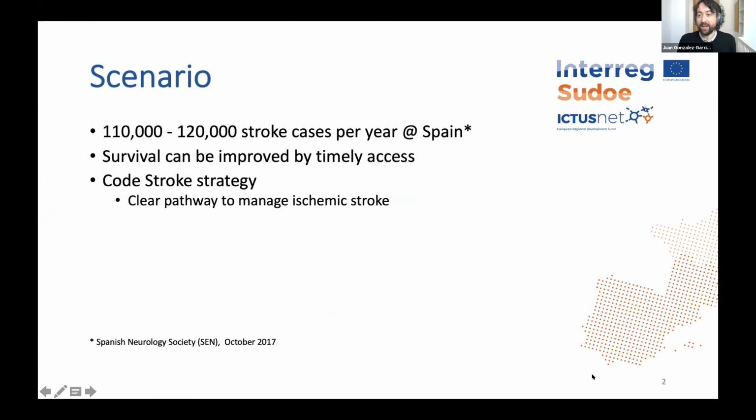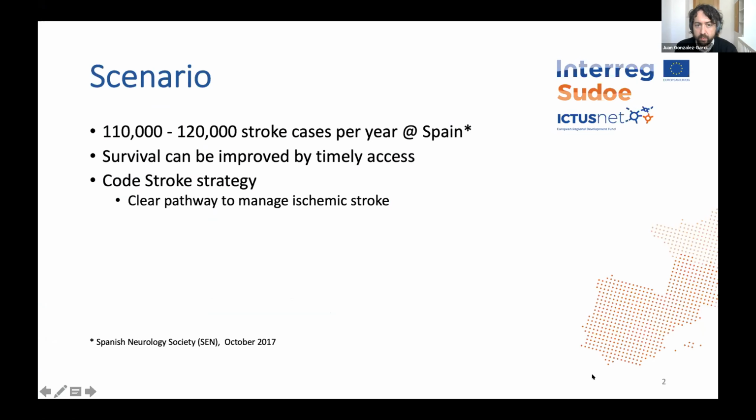Thanks. So I will spend a lot of time saying next slide, next slide. Well, the scenario is that, at least in Spain, we have these incidence figures from members of the Spanish Neurology Society, and we know that the survival of stroke will be improved by attending access.